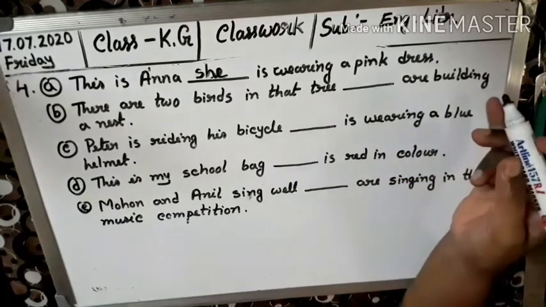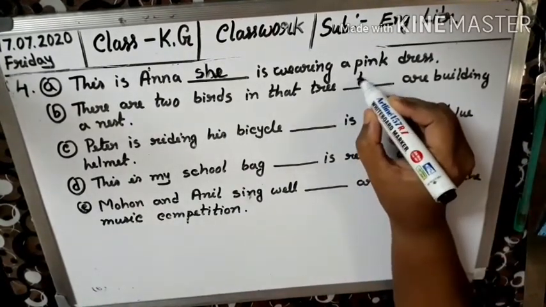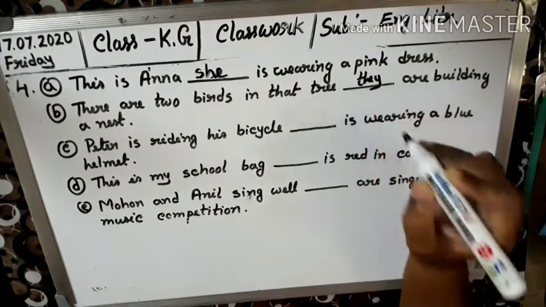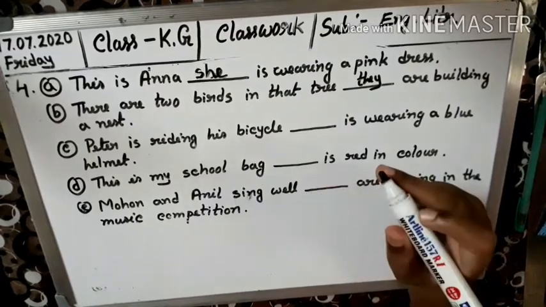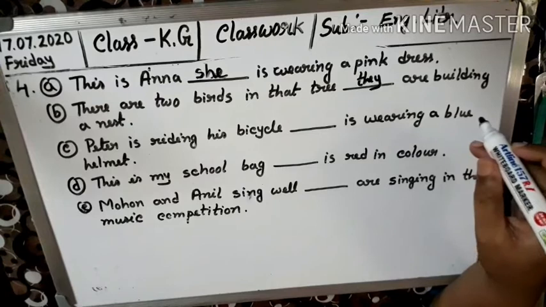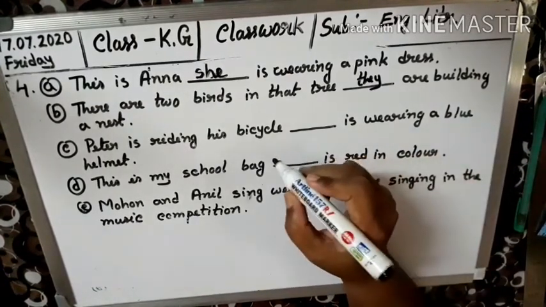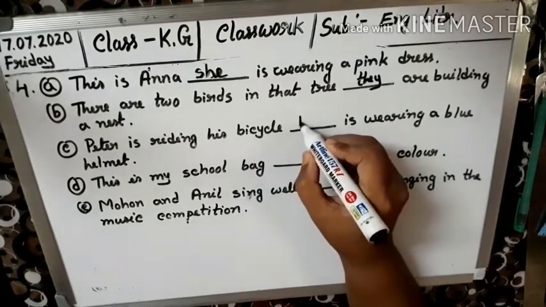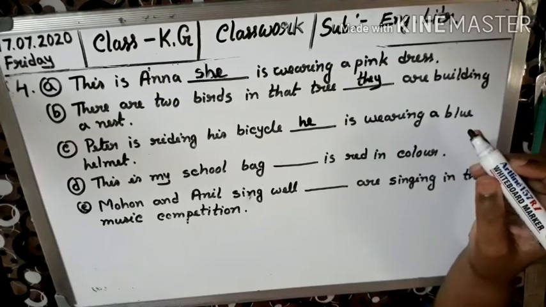They are building a nest. They. Peter is riding his bicycle. He is wearing a blue helmet.